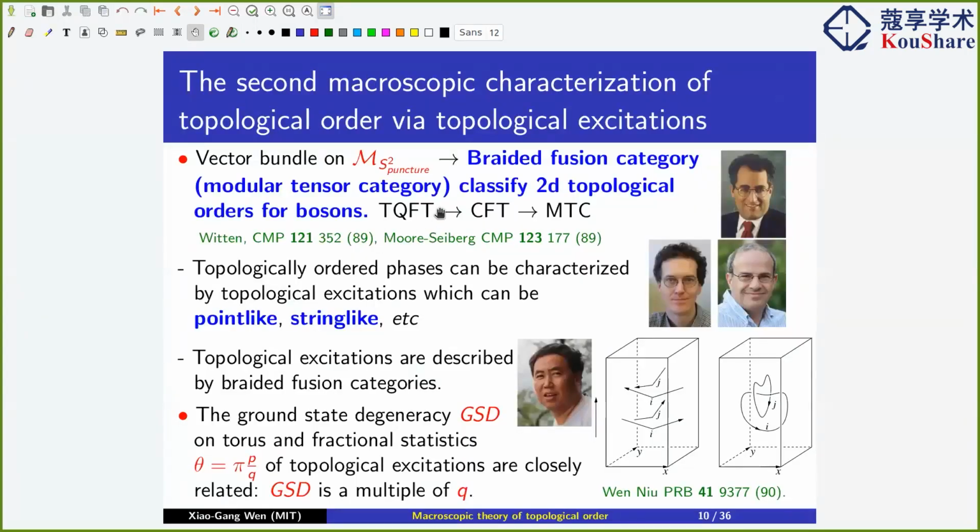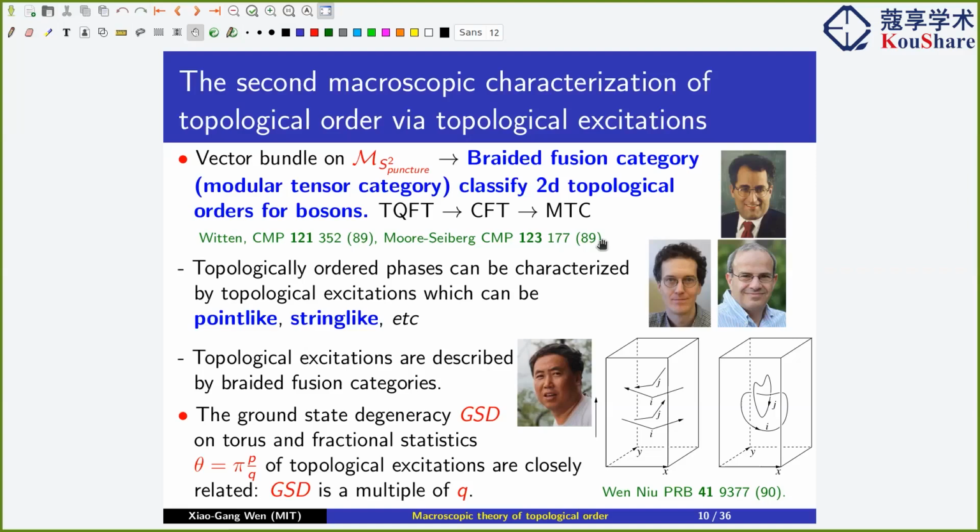So historically, we have this topological quantum field theory, which is kind of like a Ginzburg-Landau theory for topological order. You know, the Ginzburg-Landau theory is for the symmetry breaking phase. And for topological order, there's also a similar Ginzburg-Landau theory. That's the topological quantum field theory. And in 1989, we found that this topological quantum field theory has a very close connection with conformal field theory.